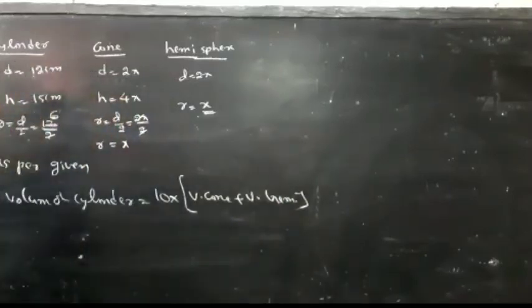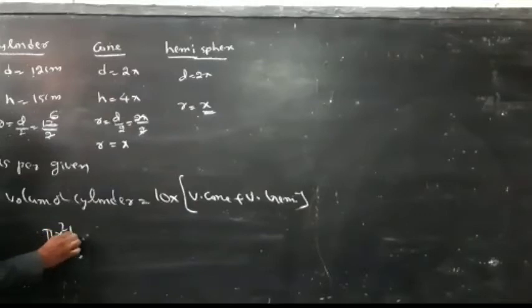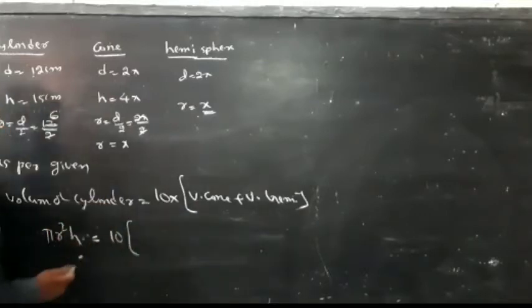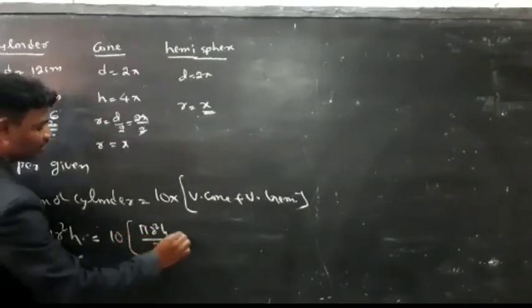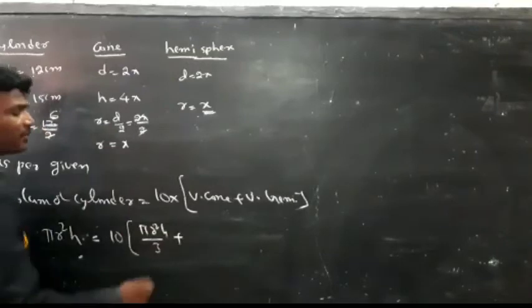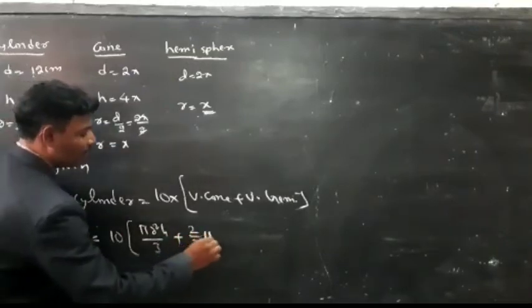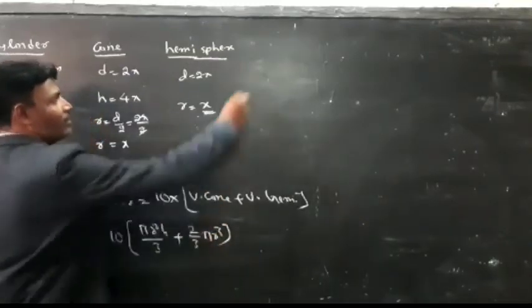Volume of the cylinder is pi r square h, which is equal to 10 bracket, volume of the cone pi r square h by 3 plus volume of the hemisphere 2 by 3 pi r cube.